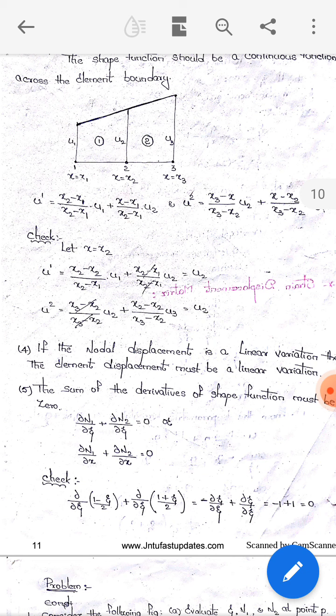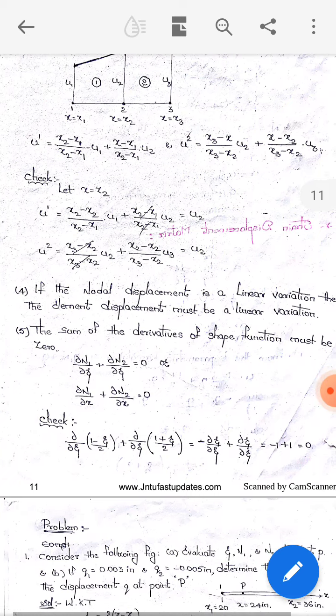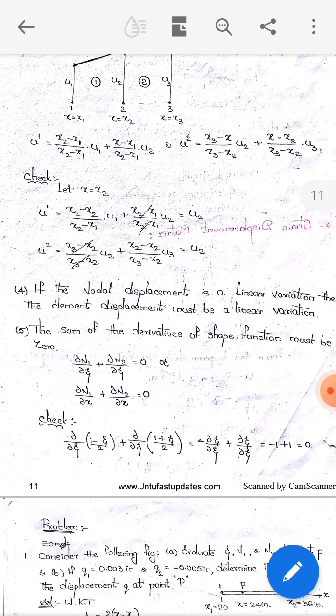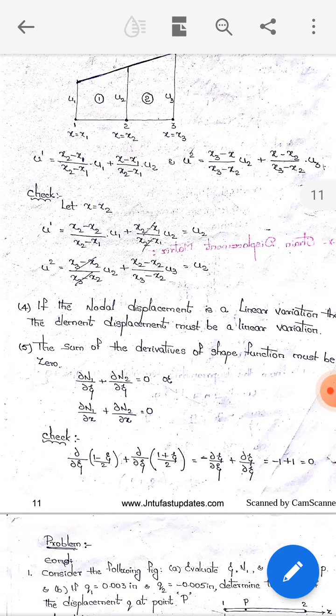Similarly, at the center, I split this into two and check: u is equal to N1 u1 plus N2 u2 for the first split. For the second, u is equal to N2 u2 plus N3 u3. So we substitute N1, N2 for the first and N2, N3 for the second. When I put x equal to x2, the meaning is that we are joining the two.